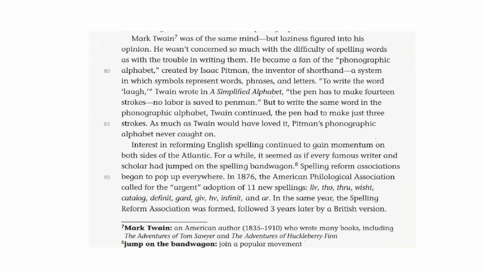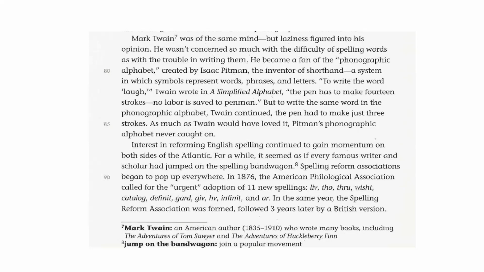So again, it seemed every famous writer and scholar had jumped on the spelling bandwagon, which means we want good spelling. Spelling reform associations, when reform means to fix, began to pop up everywhere, just like McDonald's in the 70s and Starbucks in the 2000s.